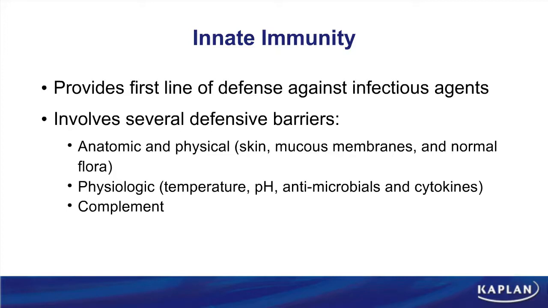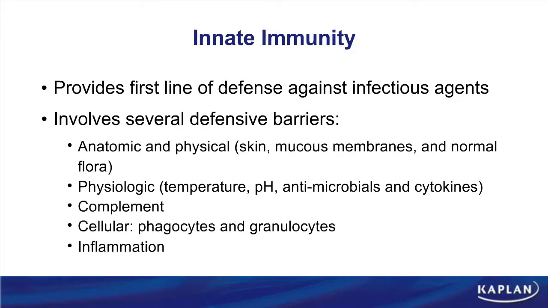Let's go ahead and add in there our phagocytes and our granulocytes. And when you put all of these things together, really what you're going to do is have the presentation of inflammation. So inflammation, sometimes viewed as a very bad thing, really is critical for the clearance of an infection.